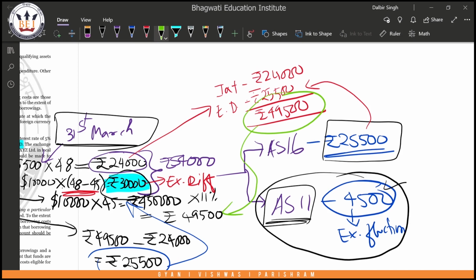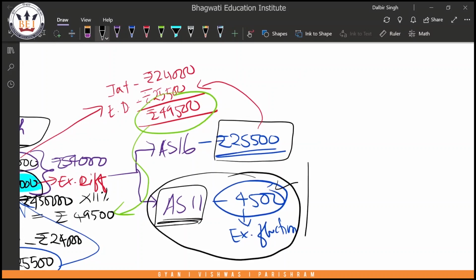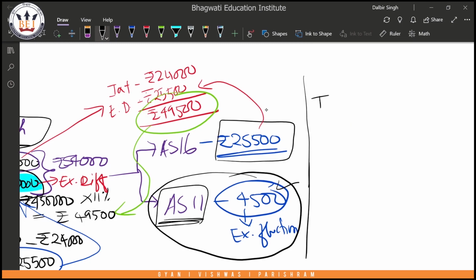Now this is one scenario. If I just tweak it a little bit, what do I tweak? Let's say interest was 11% in my previous scenario. Now let's say instead of 11%, let's have an interest of 13%.